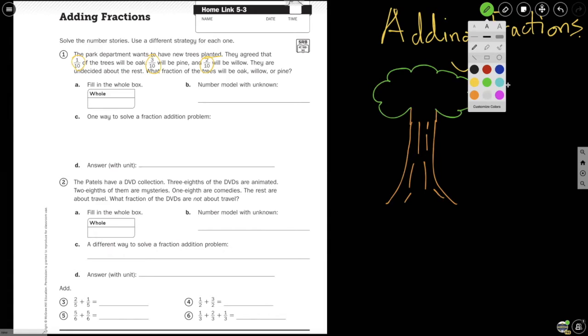Okay. And they say that 1/10, so let's say that 1/10 is this amount right here.